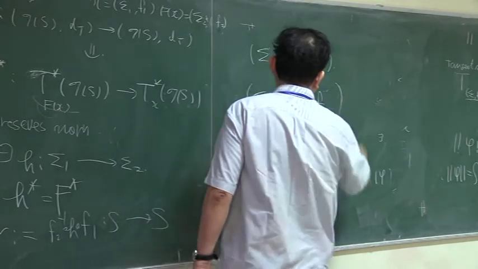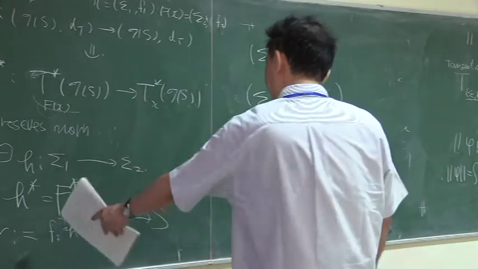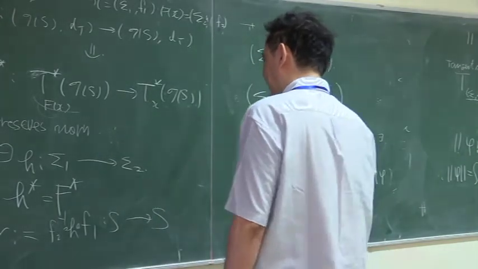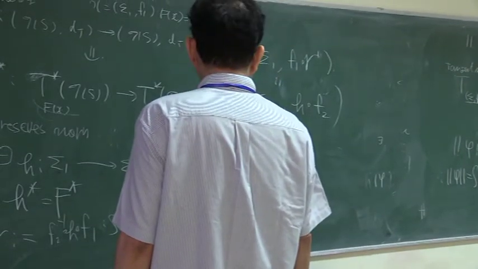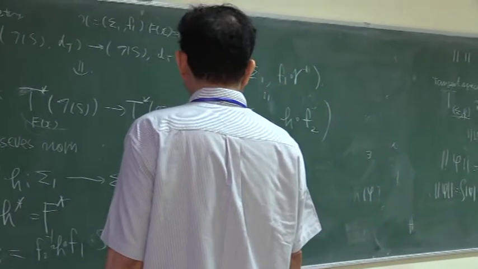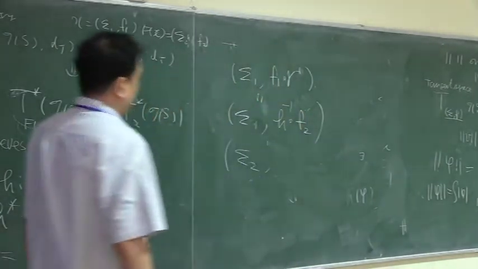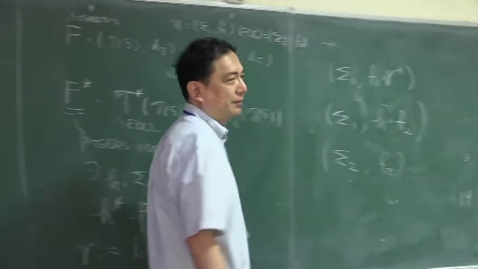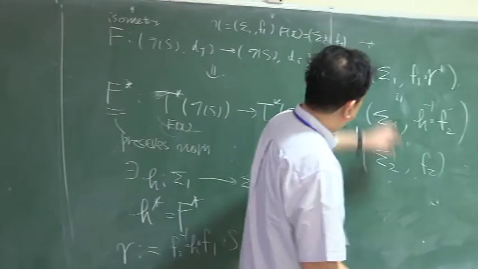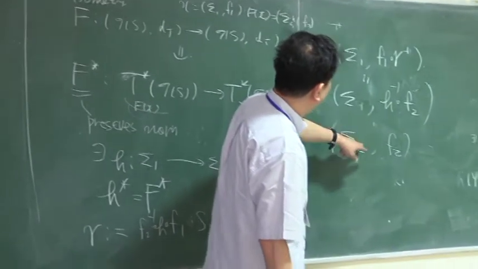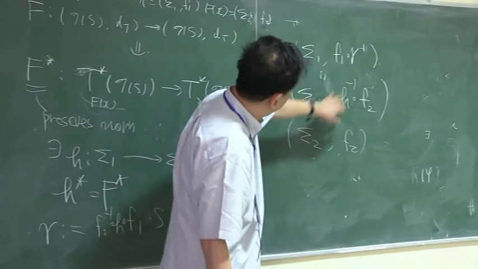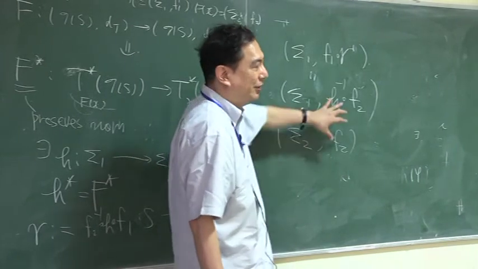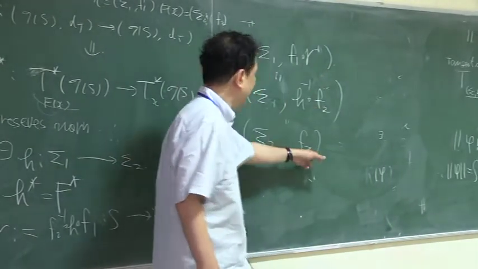Wait a minute, this should be H inverse. F2 was a map to sigma 2, so that should be H inverse, sorry. And this should be (sigma 2, F2). So sigma 2 should be identified with sigma 1 by H. So if you change the marking like that, then these two are biholomorphic. So just this marking on this means the marking on this place.